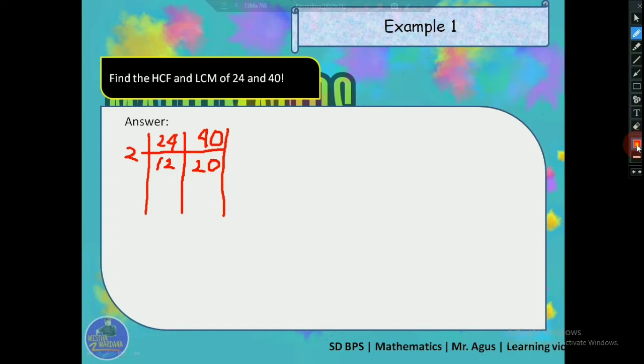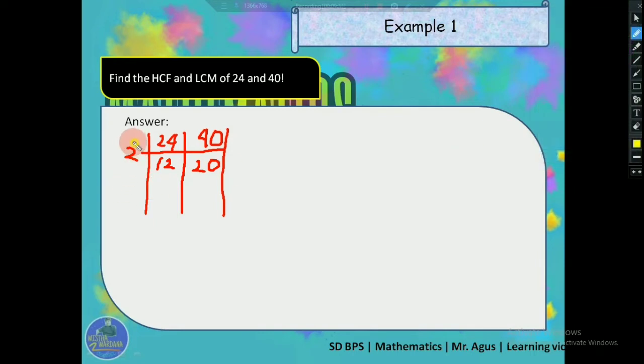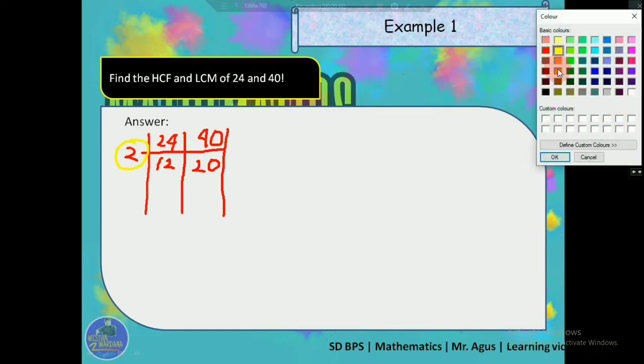You can use another color to mark this prime number, because this prime number can divide both given numbers. After that, divide both of them again using a prime number. We can use 2 again because both of them are divisible by 2.